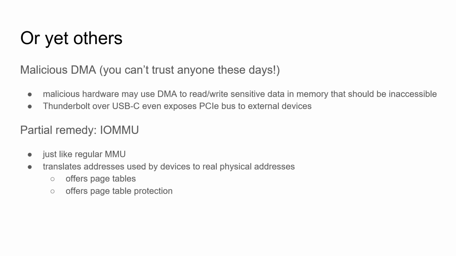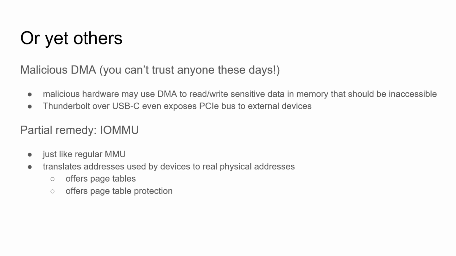Okay, and then there are other threats that you may want to guard against also, right? It need not just be the operating system. It need not be other processes or packets arriving over the network. It could also be malicious DMA, right? So maybe there's a device attached to your USB-C connector, maybe your Thunderbolt plug, which directly interacts with the PCIe bus.